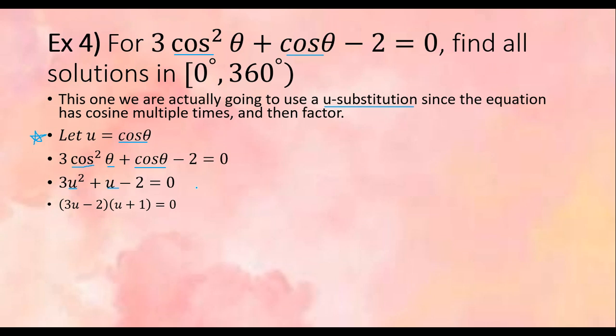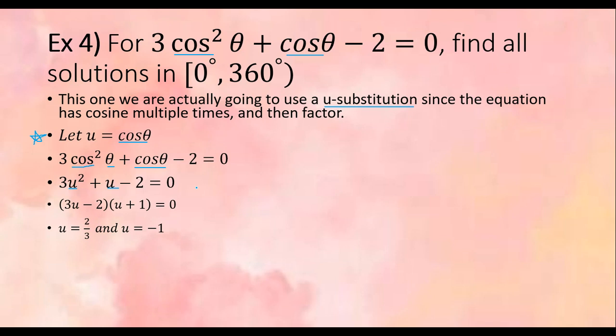And again, when we have quadratics equal to 0, we're finding the factors. Set each factor equal to 0, and we get u equals 2/3, and u is equal to -1 by setting each piece equal to 0. Using that zero product property, if something times something equals 0, either the first something is equal to 0, or the second something is equal to 0.